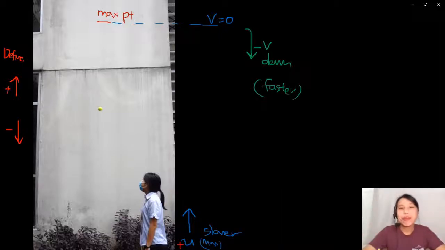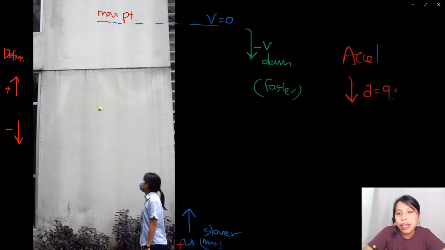Why is that? That's because of acceleration. No matter where you are in this whole journey, flying up or flying down, your acceleration is still downwards by 9.81 meters per second squared.